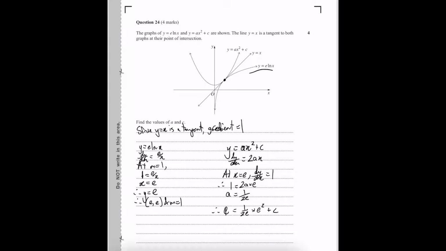So what I've done there is I've just substituted y equals e, x equals e, and that value for a that we now know. And we get e equals half e plus c, and then we get c is equal to half e, just by using basic algebra there. And that's our answer.